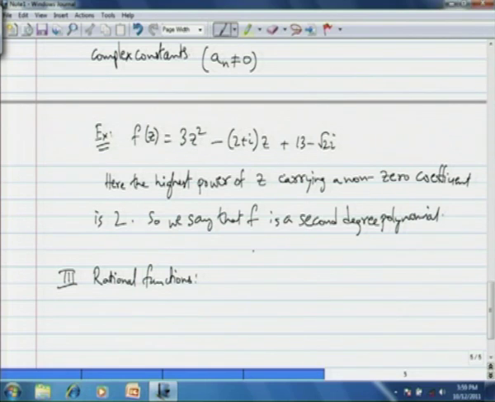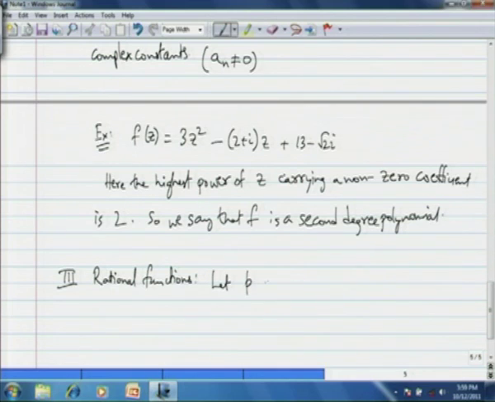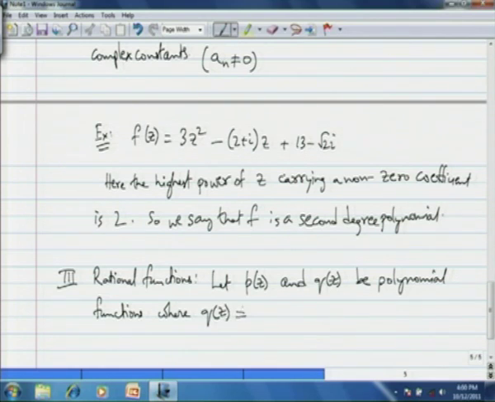So, these are functions of the sort p by q, where p and q are polynomial functions. Okay. So, let p of z and q of z be polynomial functions, where q of z is not equal to the constant 0 polynomial.